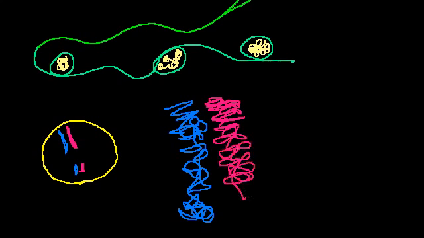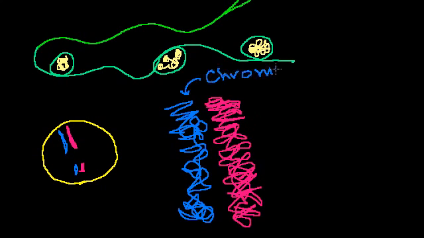So when we talk about this one chain, let's say this one chain of DNA that I got from my dad, in this structure, we refer to that as a chromosome. Now, I want to be clear here, DNA only takes this shape at certain stages of its life.